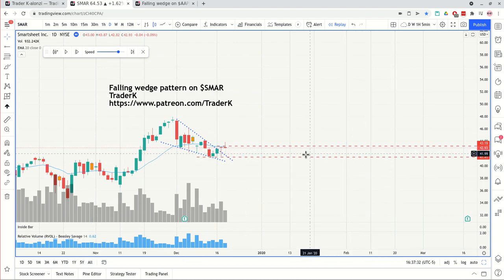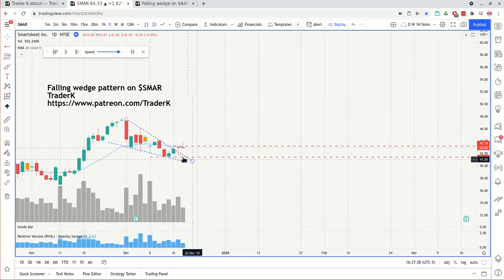We enter at the break of this daily candle, which is 43.16, and our stop will be below the wedge or at the low of the trigger candle day.